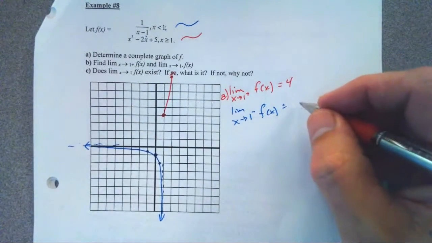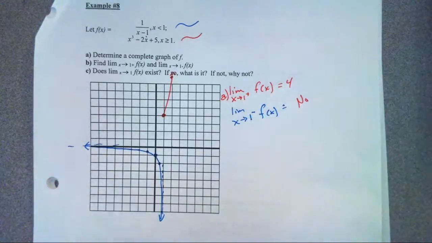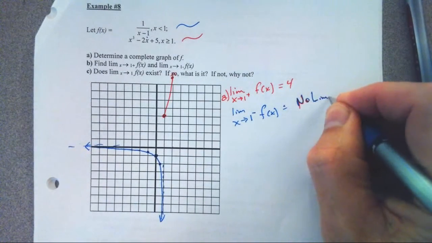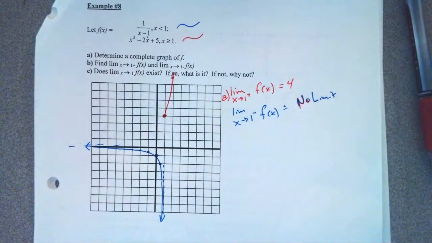Therefore, there is, oops, don't know why I didn't make that blue. Would have been nice. There is no limit. Don't say negative infinity. Say there is no limit, or the limit does not exist. Any questions on that?